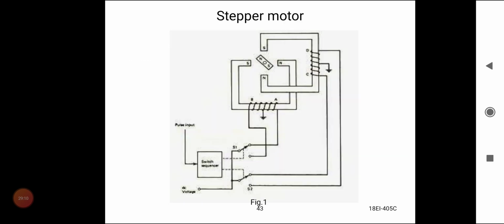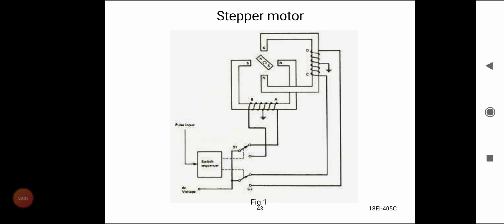The stepper motor you can see here: the magnet's north and south poles and windings AB and CD, which are excited with pulse input from the switch sequencer through switch S1 and S2.